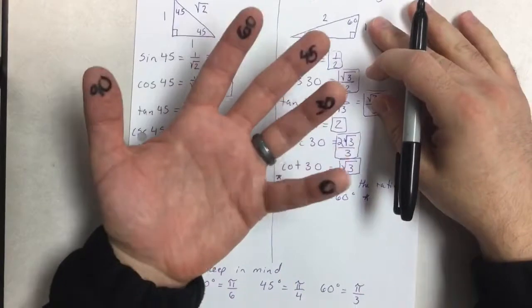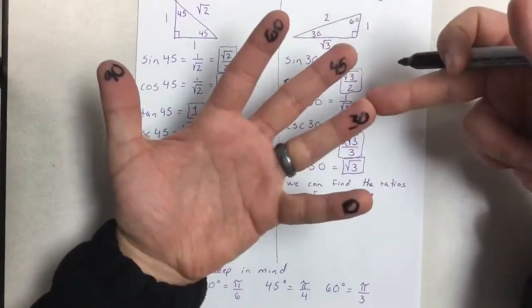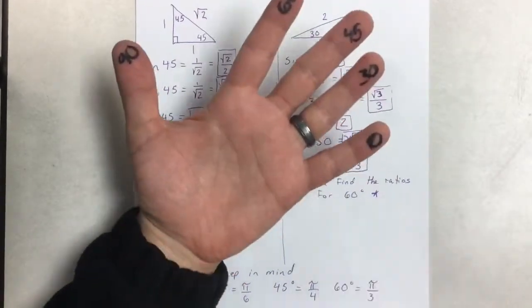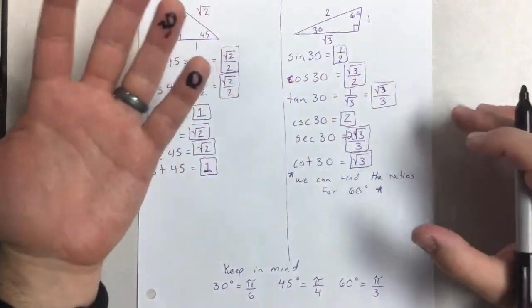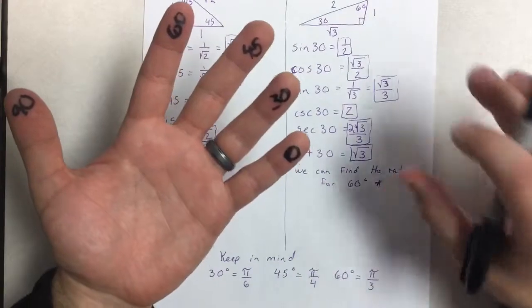So these angle measures will always be on those fingers, starting with 0, going with our special angles, all the way up to 90.